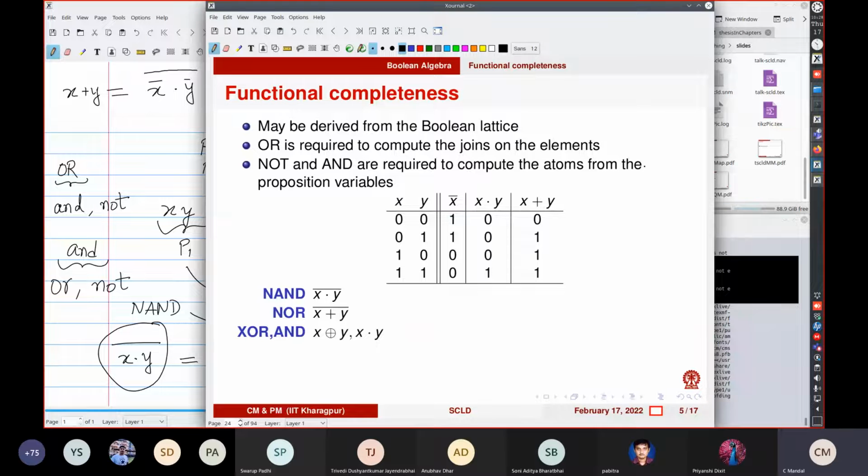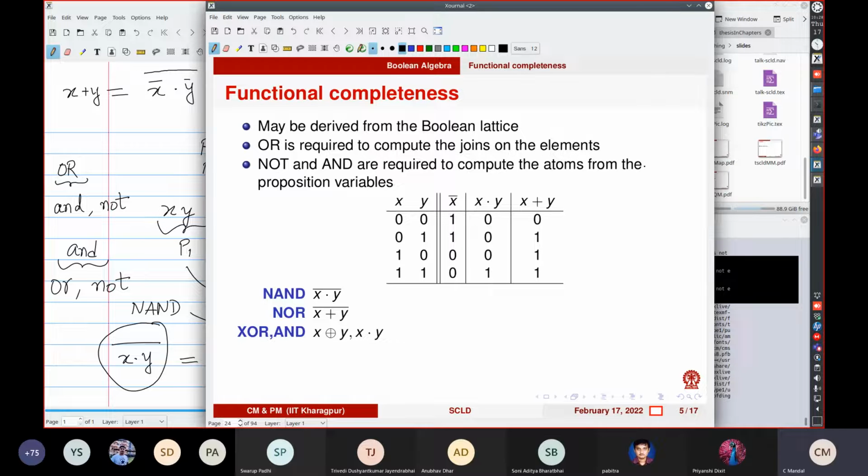So you also need 1. Sometimes, loosely speaking, that is not explicitly mentioned, but you do need a 1 to realize NOT.